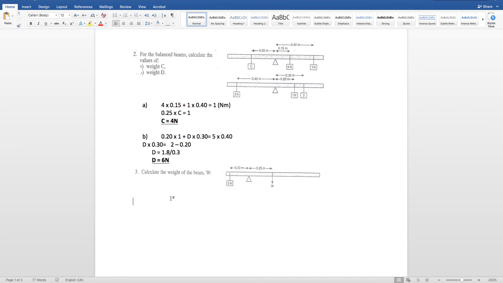So we've got, clockwise, W times 0.25, and that's going to be the same as 5 times 0.20. So W equals 5 times 0.20 is 1, 1 divided by 0.25, which gives us 4 newtons.